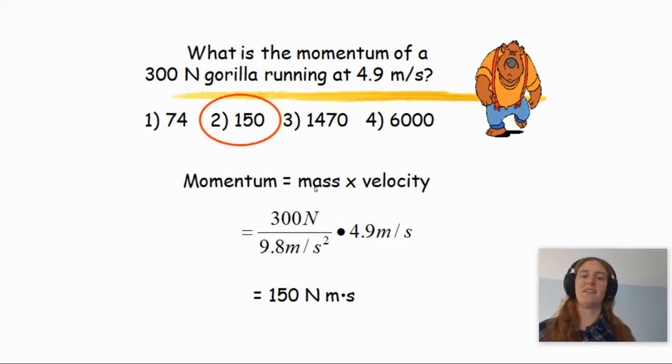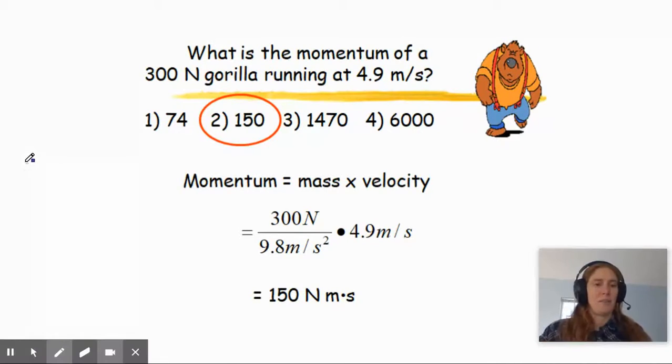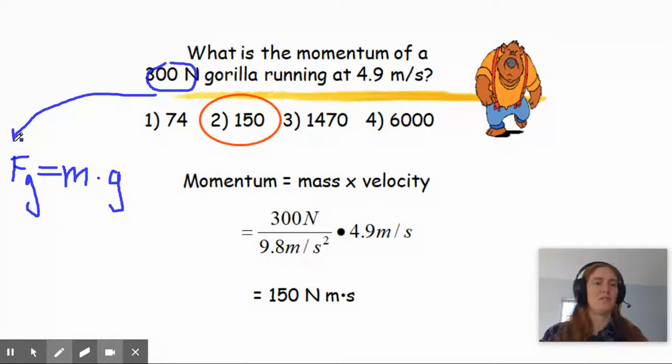So momentum is equal to mass times velocity. Unfortunately, this is the gravitational force or weight of my gorilla. So if you remember, Fg is equal to your mass times g. And so this 300 newtons is your gravitational force. g is 9.8.